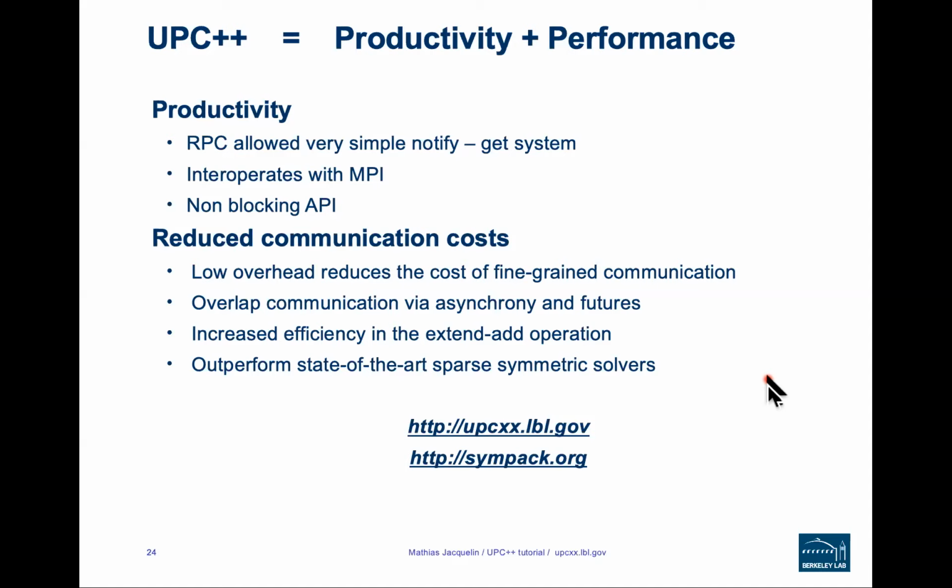Through the non-blocking API exposed by UPC++, we've been able to achieve excellent performance by better overlapping communication with computation. We've increased the efficiency of the extend add operation, and in the case of SIMPACK, outperformed a state-of-the-art sparse symmetric solver.